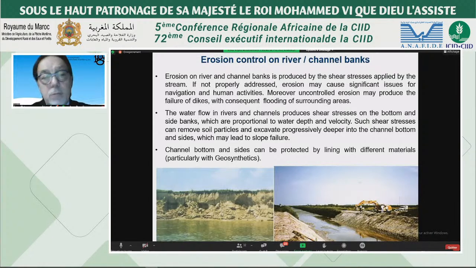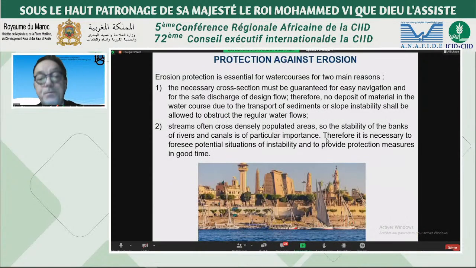Les flots dans les rivières et dans les canaux produisent un stress sur le fond et sur les côtés du canal, selon la profondeur et la vitesse des eaux en déplacement. Le fond et les côtés peuvent être protégés par des protections de différentes matières, en particulier celles déjà citées.